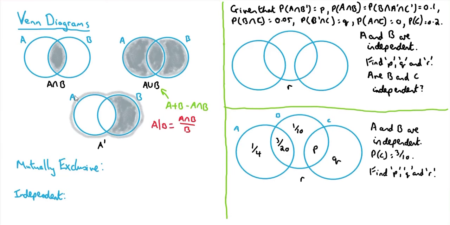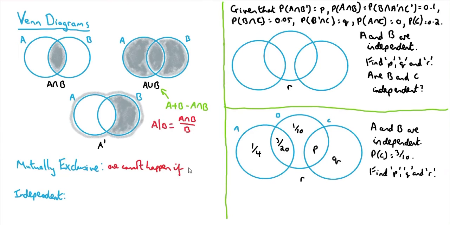If those are your notations, there's also some phrases that again you'll want to be aware of. The first of these is mutually exclusive. Now, if two events are described as being mutually exclusive, that means that one cannot happen if the other does. One stops the other.